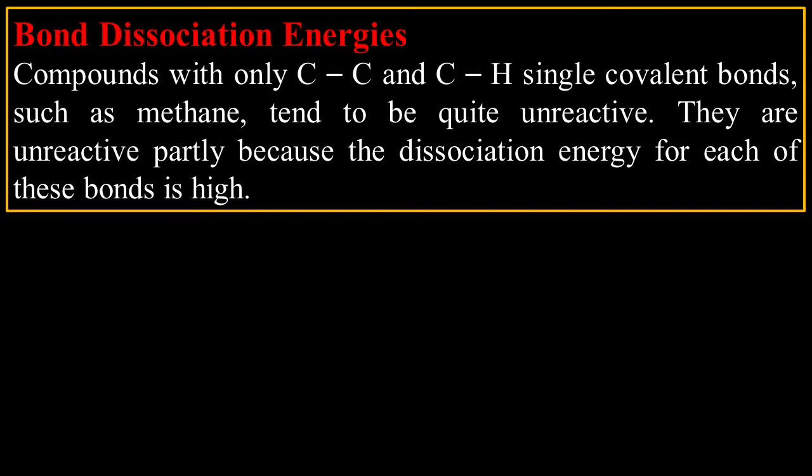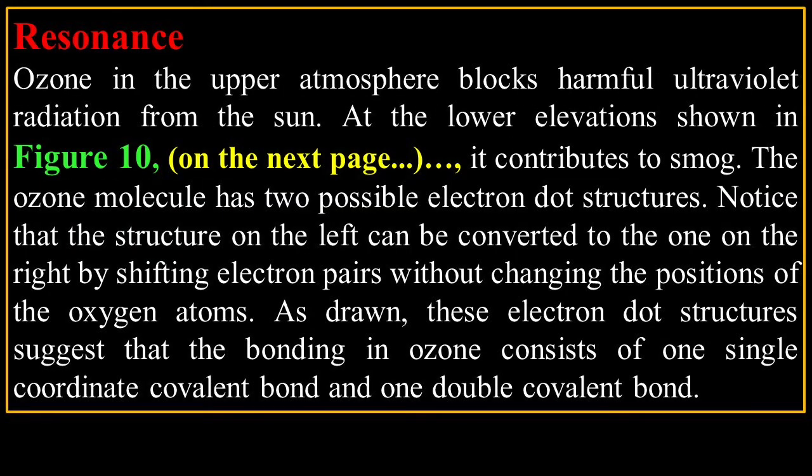Compounds with only C-C or C-H single covalent bonds, such as methane, tend to be quite unreactive. They are unreactive partly because the dissociation energy for each of these bonds is high.